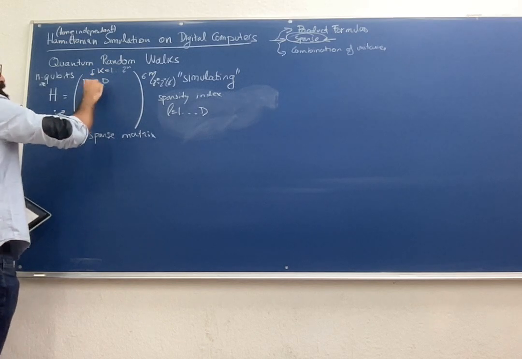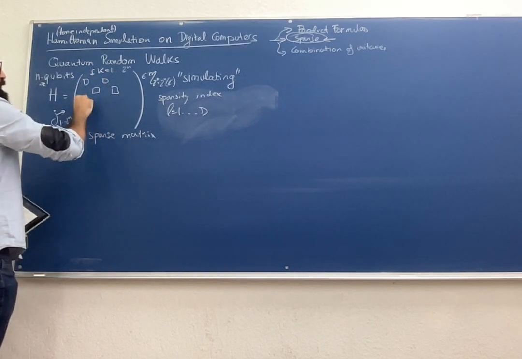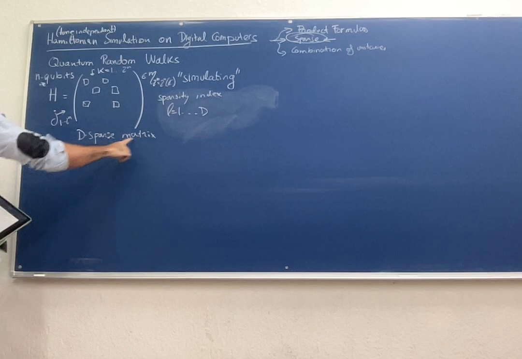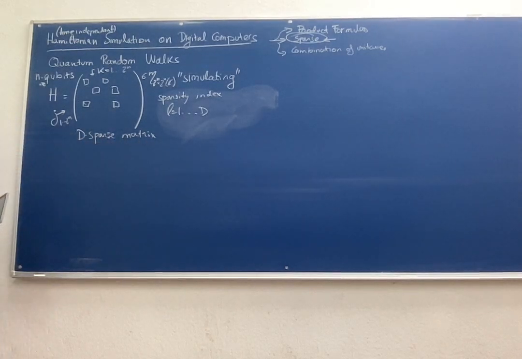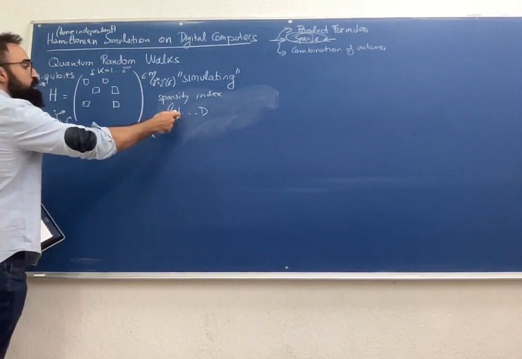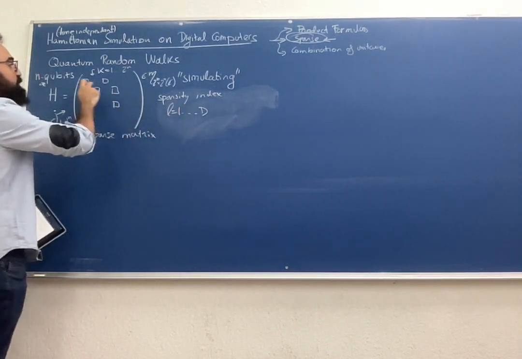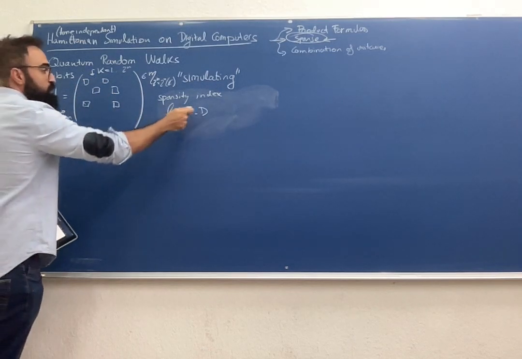What's the sparsity index? How is it defined? Basically, we assume that in every row the number of non-zero elements goes from 1 to D.